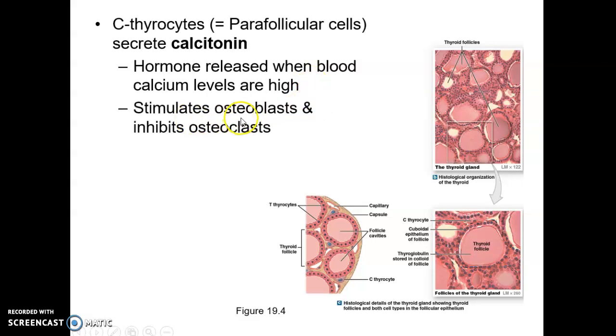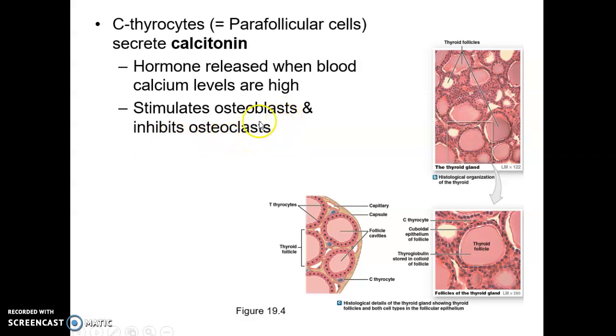How? It stimulates osteoblasts to build bone. In other words, remove calcium ion from the bloodstream and store it as calcified bone mineral, and inhibits osteoclasts, slows down the bone digesting cells of osteoclasts.